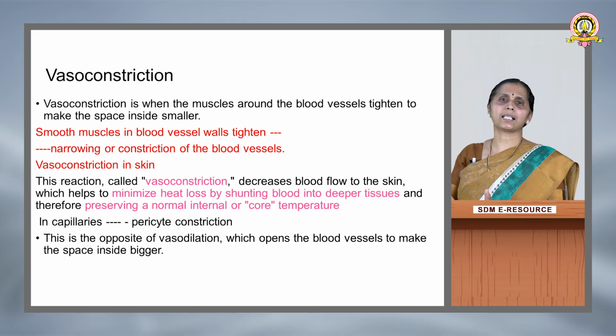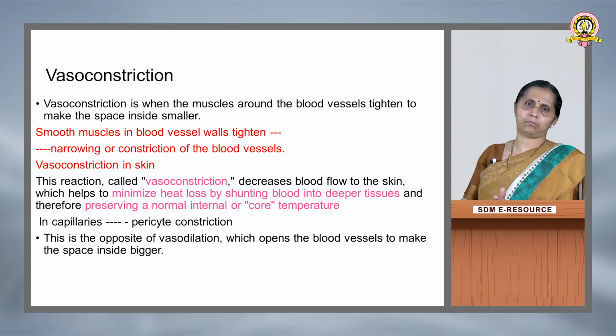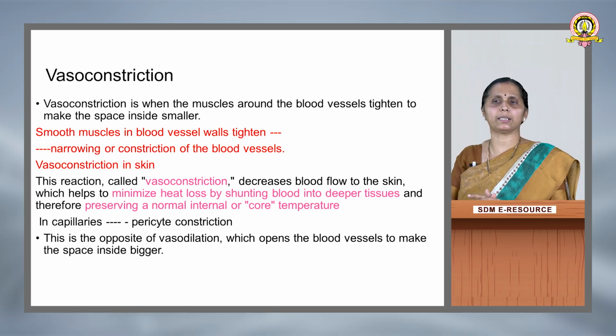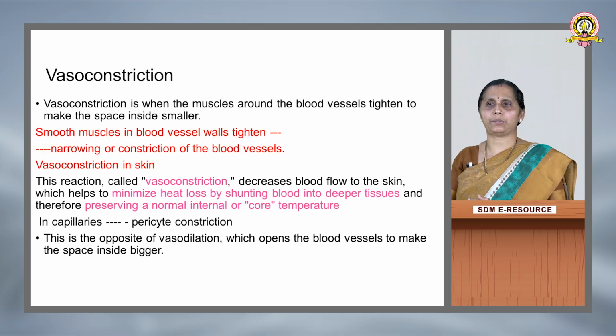Since the skin is a large organ in the body, the constriction at the surface helps to preserve the normal internal core temperature.